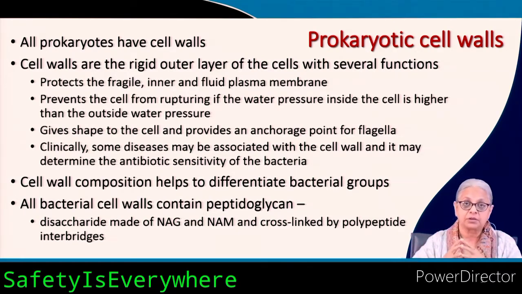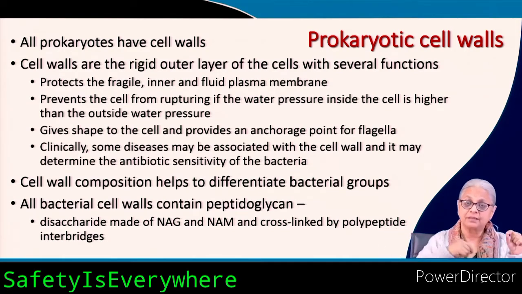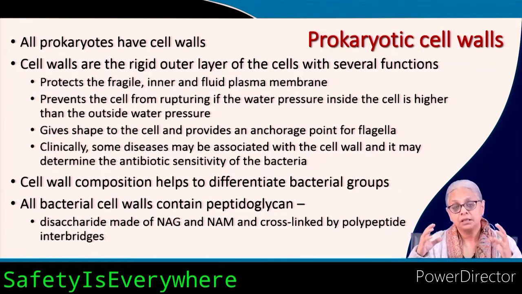So these are disaccharides that form the glycan part of it, and these building blocks, they form strands, and these strands are cross-linked to each other by polypeptide interbridges. So some interbridges are shorter and others are longer, and that gives identity to the bacterial species.